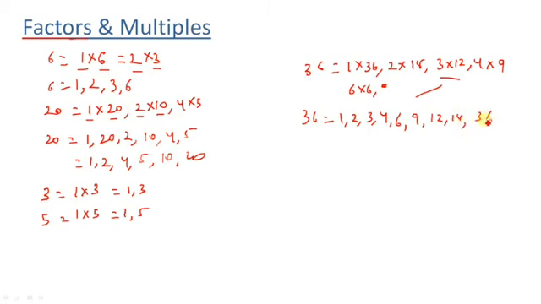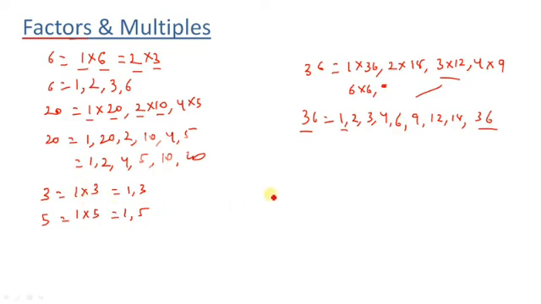Remember, when we are calculating factors of any number, two factors are already there: 1 and the same number, like 1 and 36. Look at any examples. Factors of 5 are 1 and 5. Factors of 3 are 1 and 3. Factors of 20 include 1 and 20. Factors of 6 include 1 and 6.